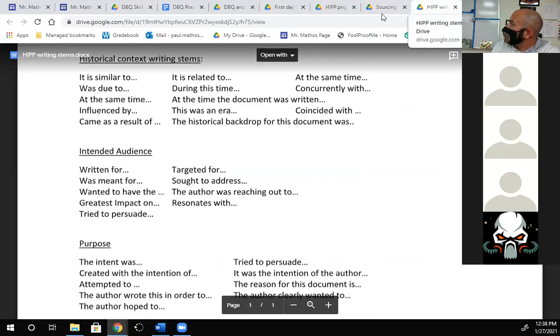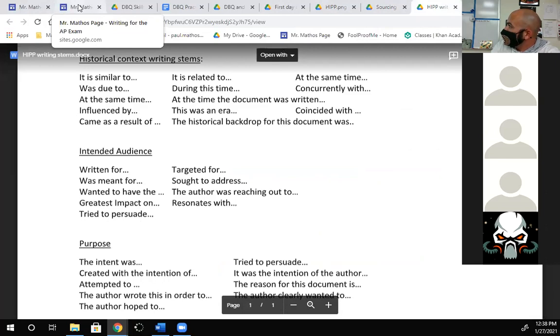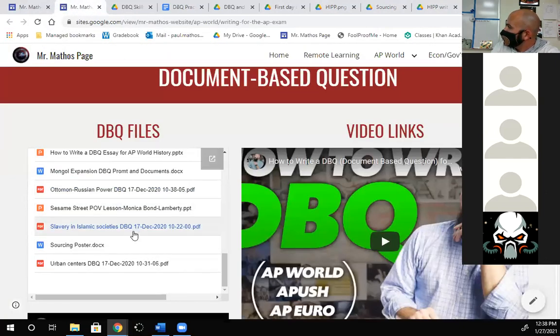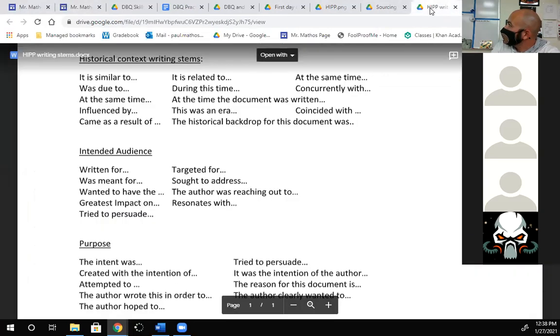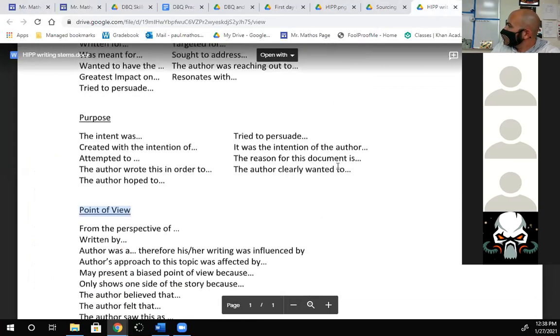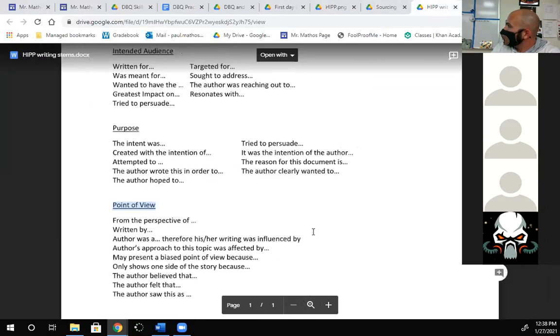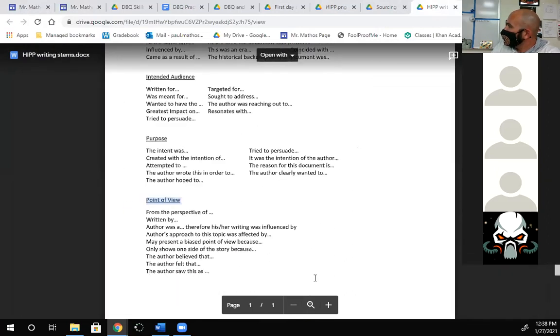Yeah, this is called HIPP writing stems. It's right here in the DBQ files, HIPP writing stems. Yeah, of course, write it. Can you go down a little bit? We'll zoom out a little bit. Is that too much?